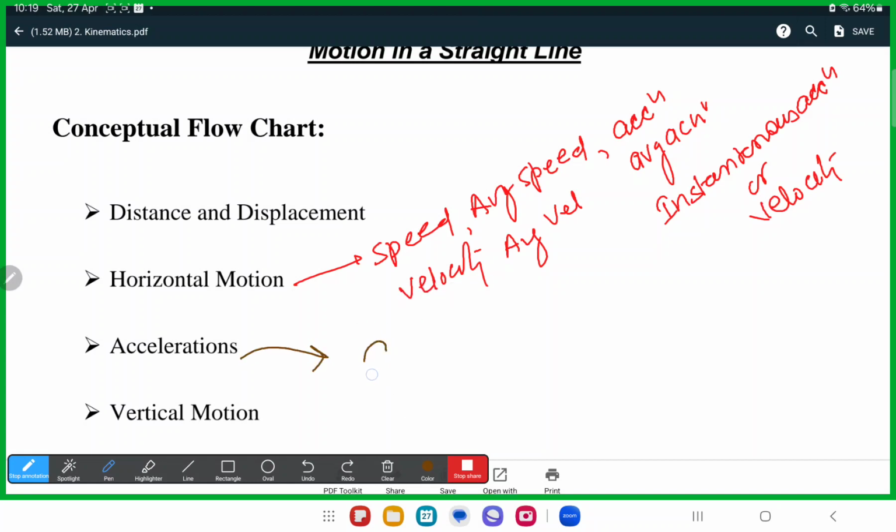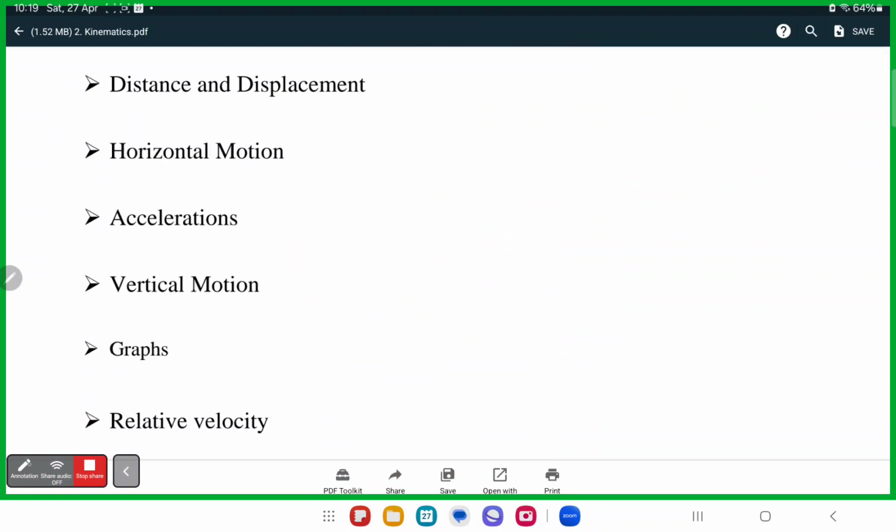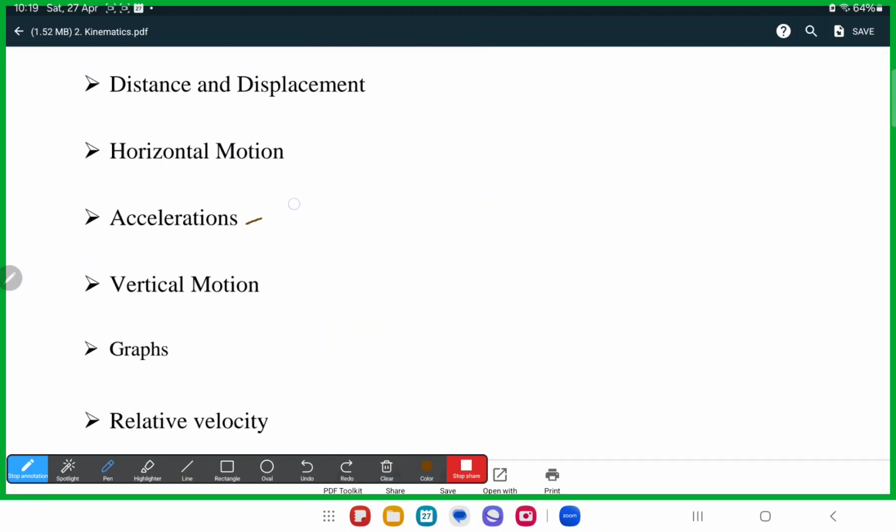Acceleration. Basically, acceleration is defined as delta V upon delta T, or we can say V final minus V initial, in vector form, divided by delta T, and this is called acceleration. Now, acceleration has two cases: A is equal to constant and A is variable.